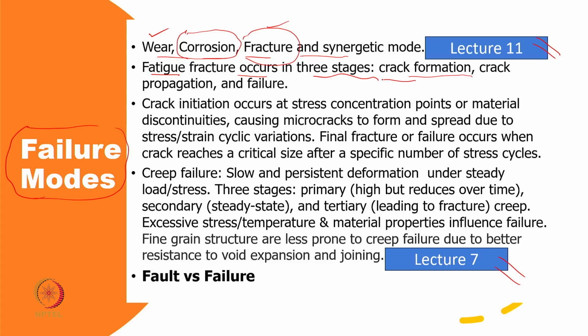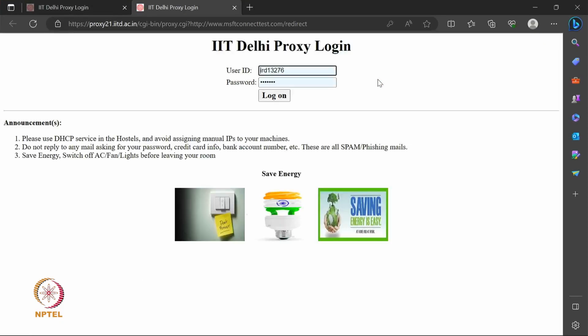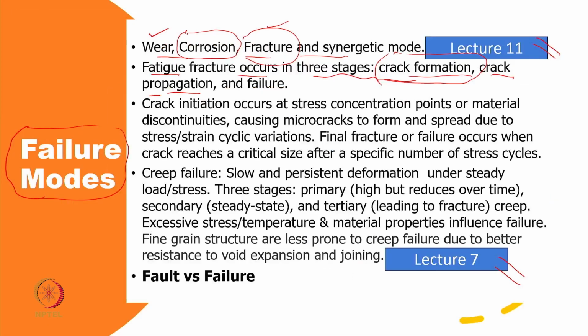But crack formation, which is really going to lead to propagation, we are differentiating. So, we say crack formation is when the crack has a sufficient visible length, and if you provide some energy, it will cause the failure. So, crack formation, crack propagation and failure, this is what we studied.